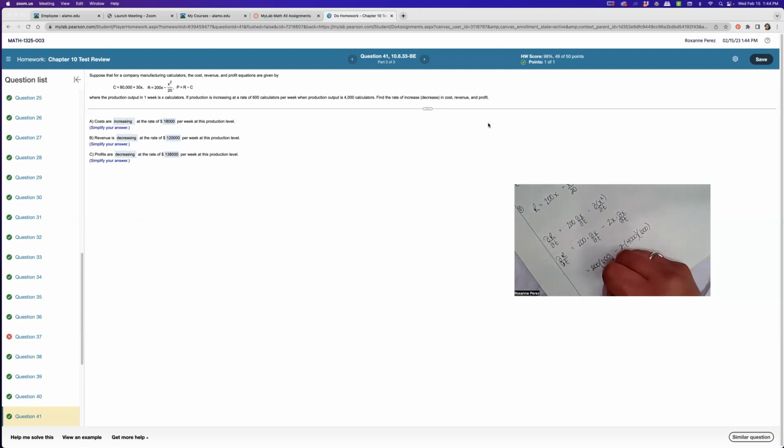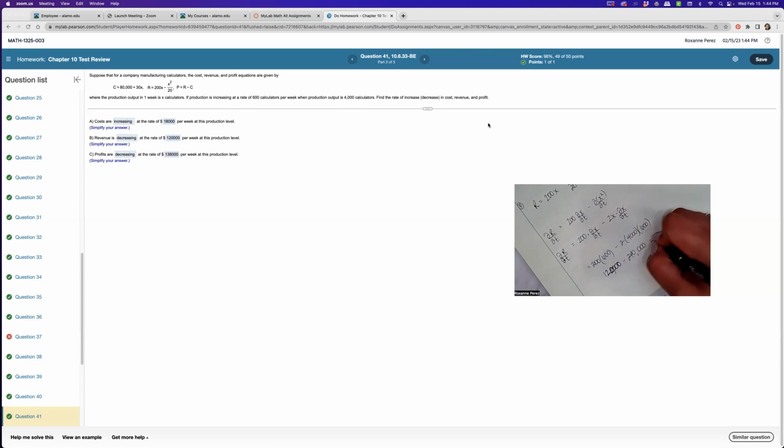And that's going to give us 120,000 minus 240,000, which equals a negative 120,000. Okay, and that's your value for the change of revenue with respect to time.